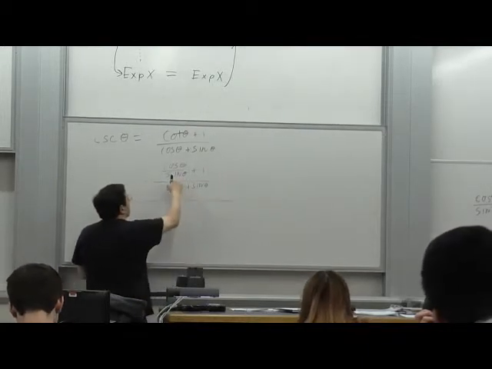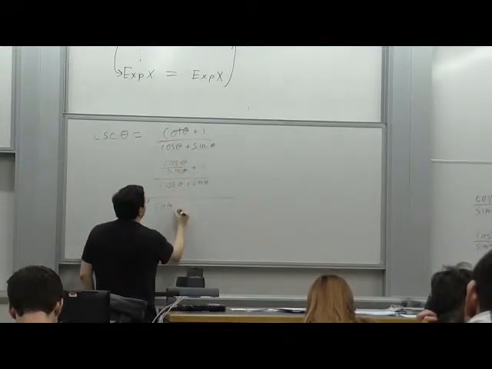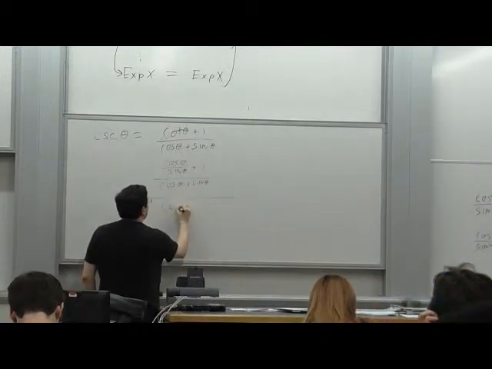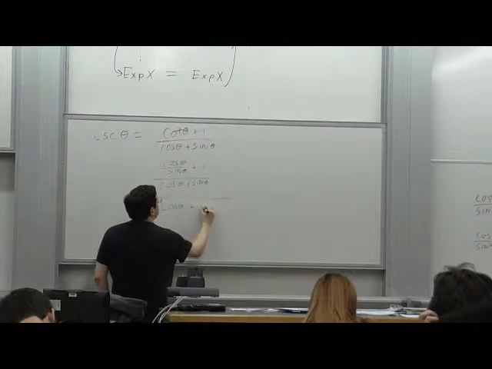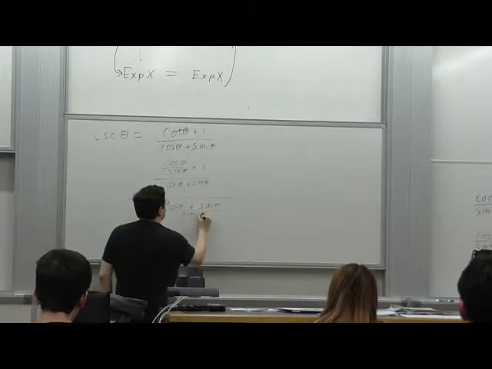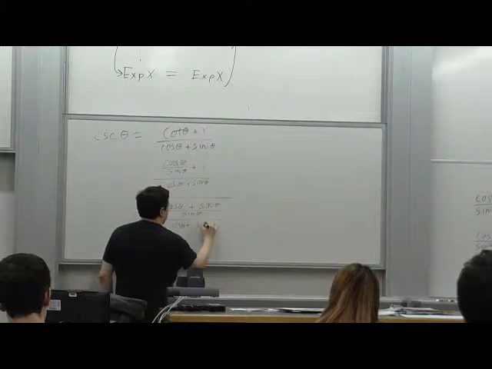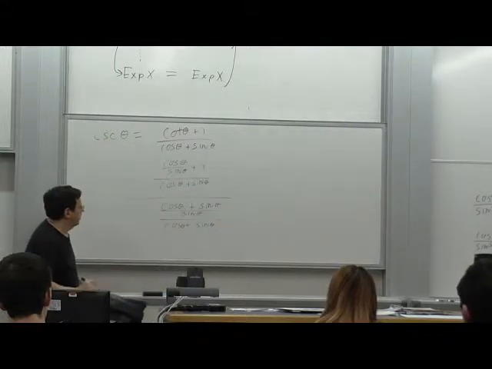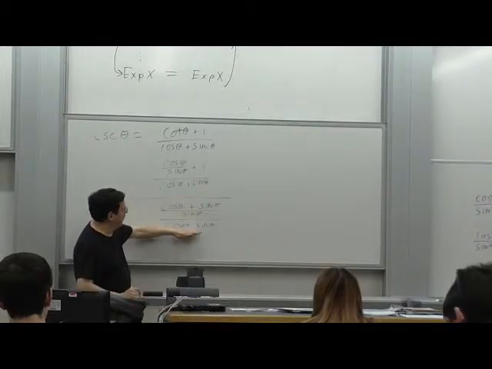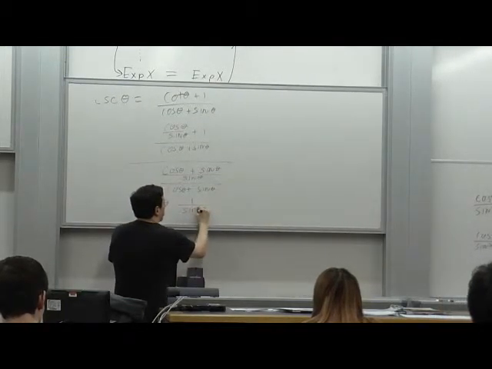What would that look like? Cosine plus sine theta over sine, all over cosine theta plus sine theta. But dividing, I have cosine plus sine, and I'm dividing by cosine plus sine. That just leaves me with 1 over sine.